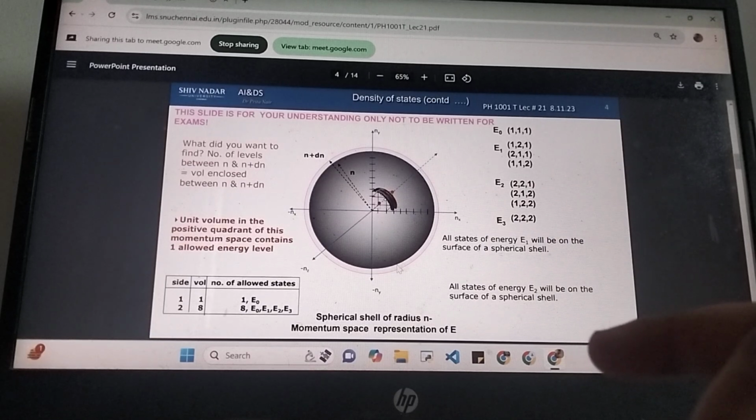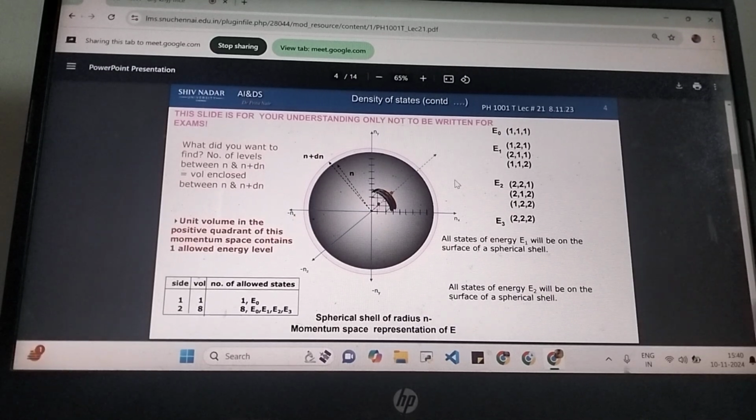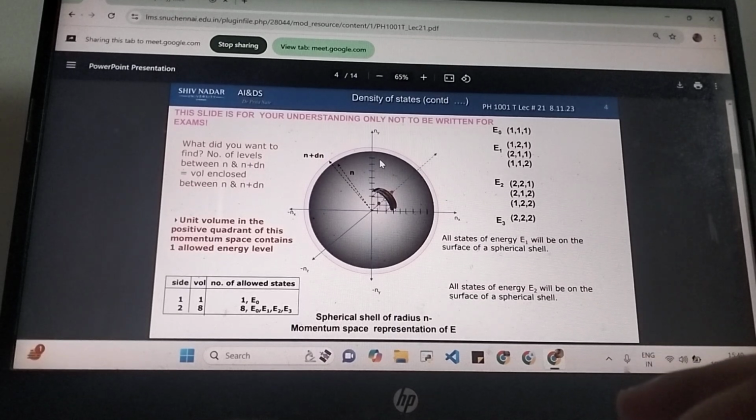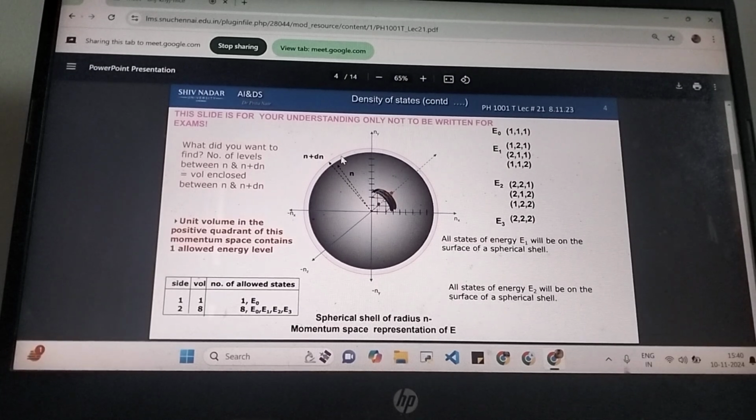Then any point whose energy is 3h squared by 8 ml squared will lie on that sphere, and the only such possible point is 1, 1, 1, and so on. So if I want to find out the number of states between E and E plus dE, let's say the corresponding energy levels are N and N plus dn, I simply need to find out the volume difference. That will give me the number of energy levels available.